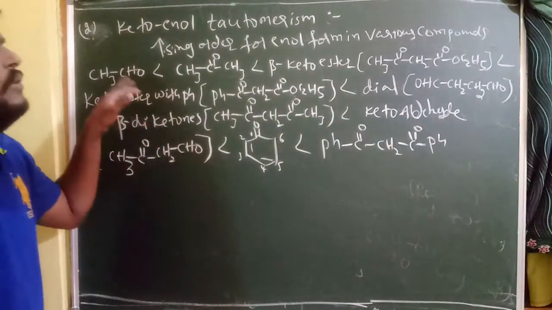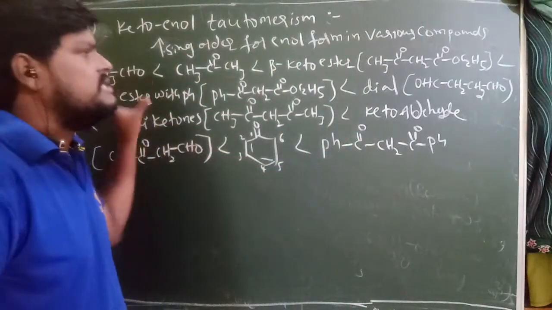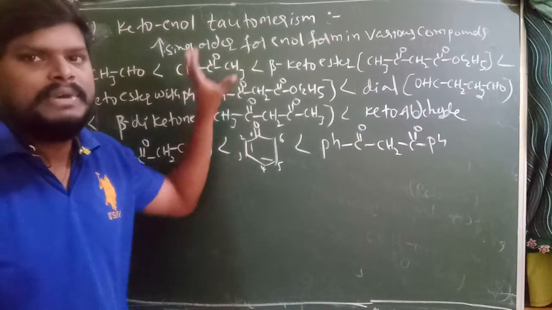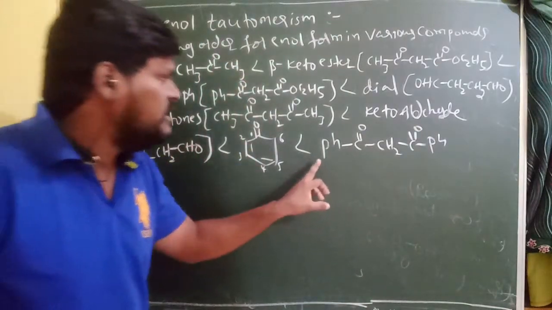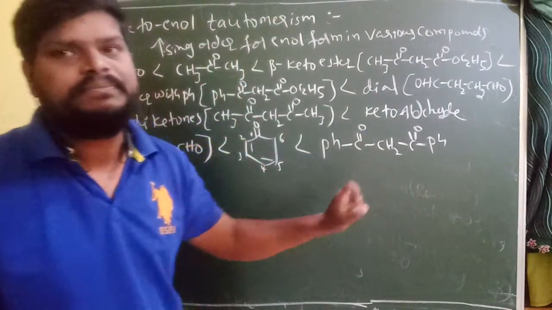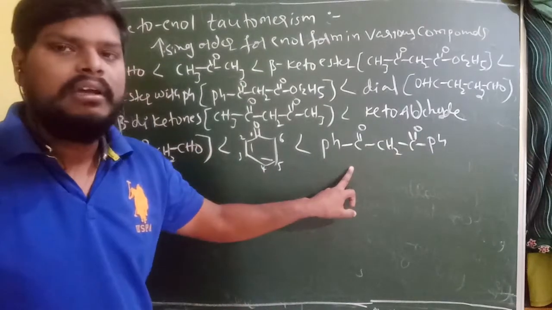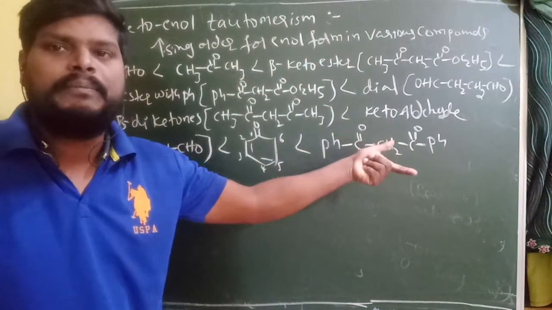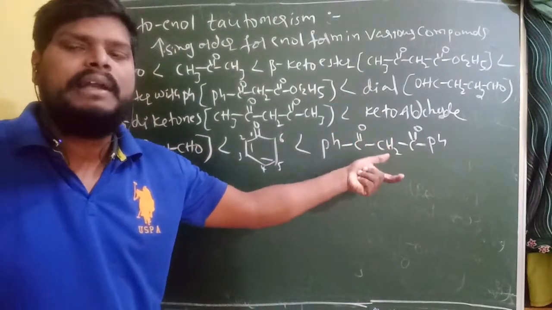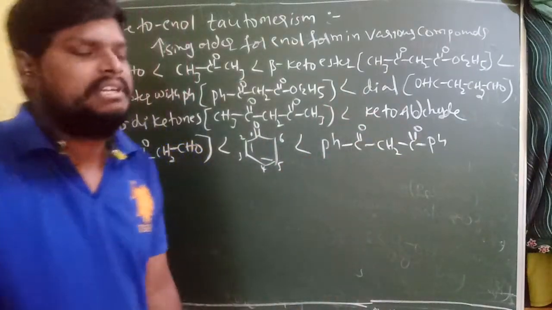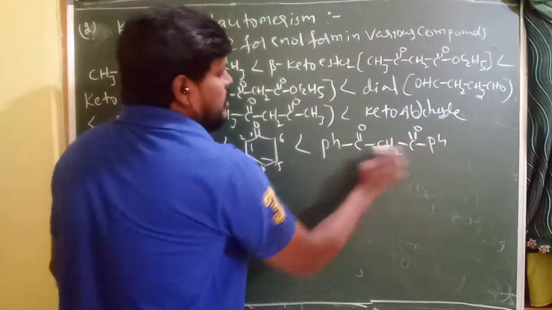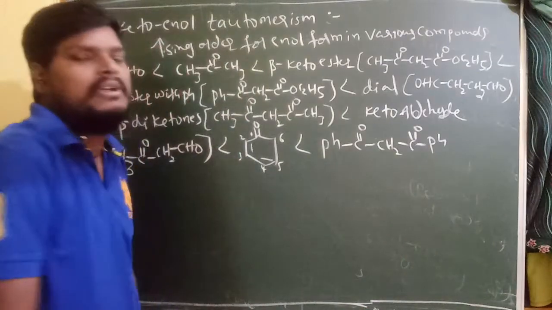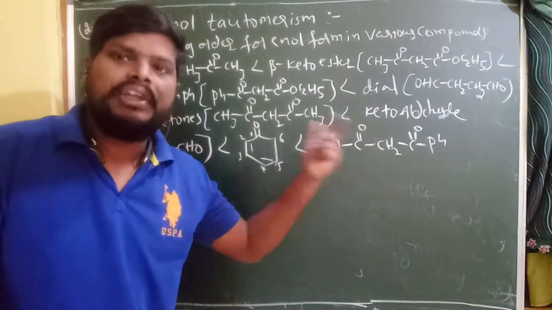And keto esters. So among all these examples, based on this increasing order, these two are the highest percentage. These two give the highest percent enol form, I mean the more stable enol form and more enol content percentage, because here two benzene rings are there, aromatic nature and resonance are possible, and intramolecular hydrogen bonding is also possible.